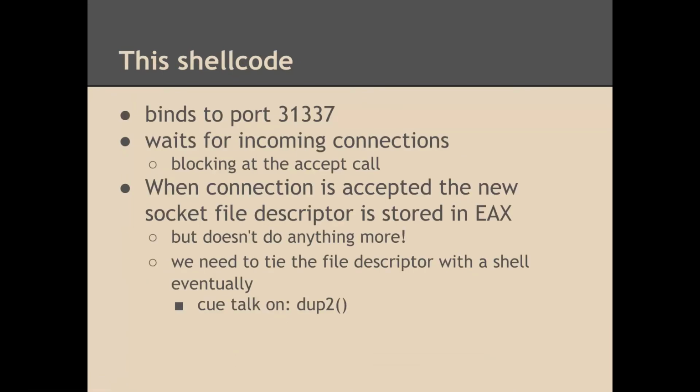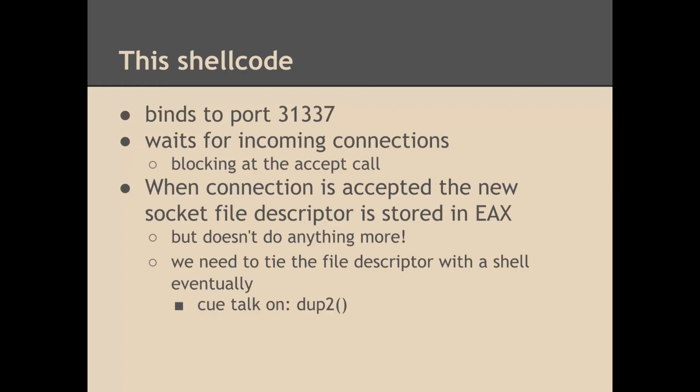And at the end of the day, that shellcode binds to port 31337 and waits for incoming connections. But it doesn't do anything more than that. Once an attacker connects back to it, it actually doesn't provide them a shell. There's a little more to do there. So this has all just been a very toy example that doesn't do anything out of the box.